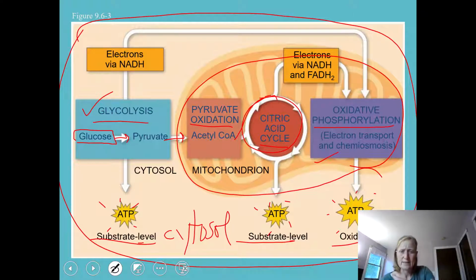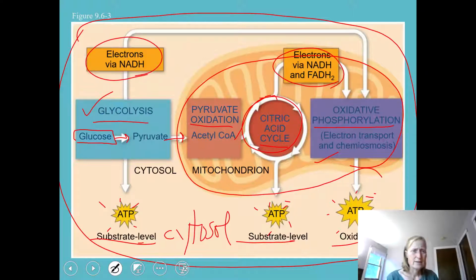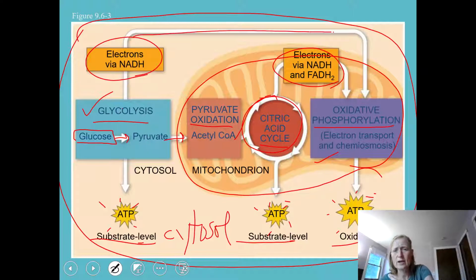Along the way, we make lots of ATP, and it looks like we make these yellow boxes: electrons via NADH, or via FADH2. Electrons that we somehow generate or move around in glycolysis and the citric acid cycle apparently are used over here in oxidative phosphorylation to help us make a lot of ATP. We're going to have to figure out what's going on. We're going to start with glycolysis.